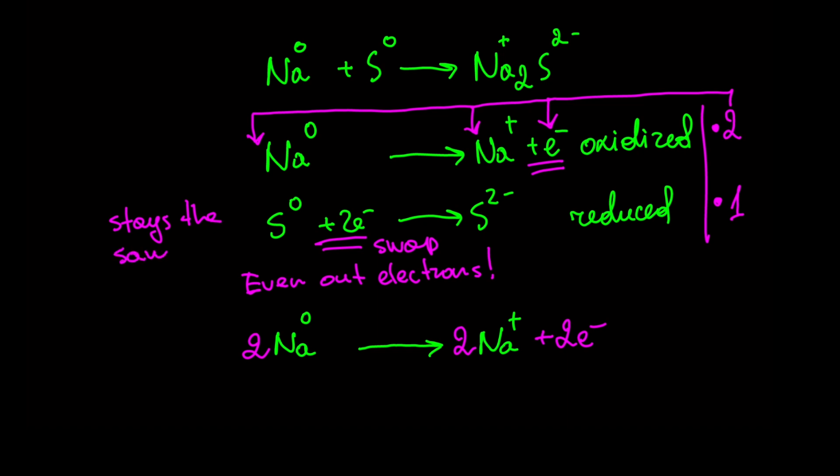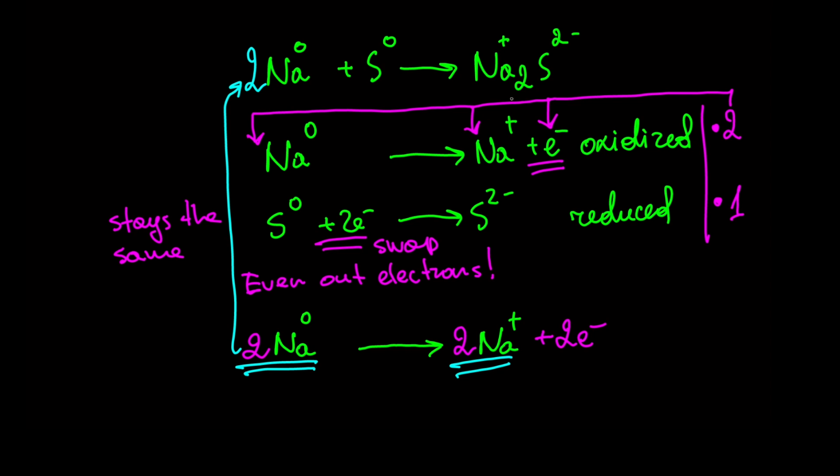Now we got the total number of how many atoms must be in the balanced reaction. So in balanced reaction, we must have 2 sodium atoms. And because of that, we write 2 as a coefficient in the reaction. Next, we must have 2 Na plus ions in the balanced reaction.